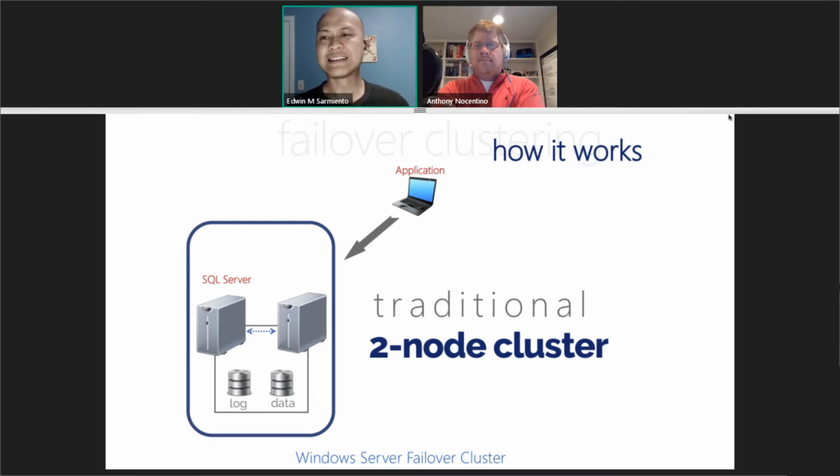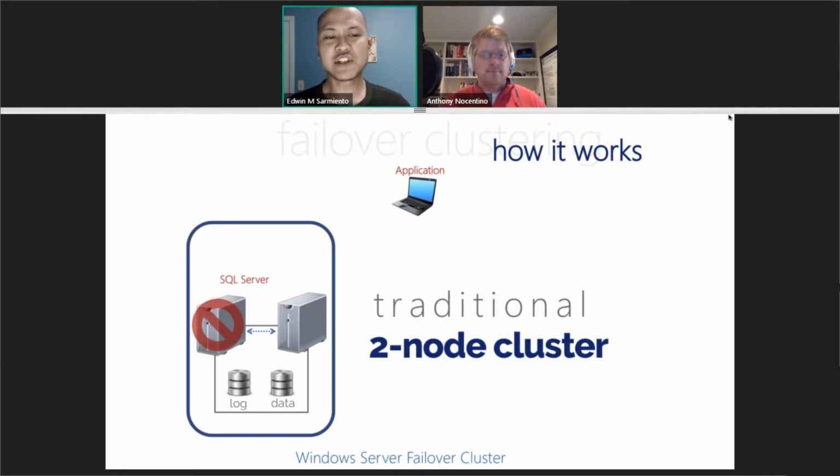Something happens. For instance, the server on the left becomes unavailable. You rebooted the machine because it's part of your scheduled maintenance. You powered down the machine, or maybe a power failure, the UPS did not kick in, or maybe the server encountered a blue screen event.